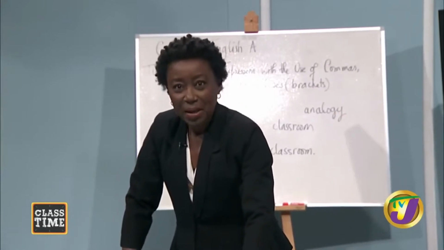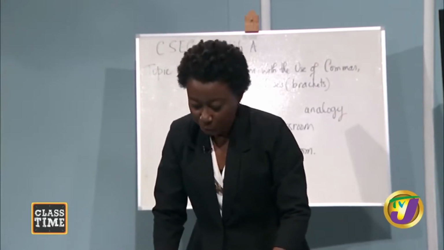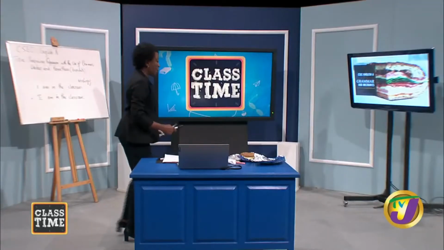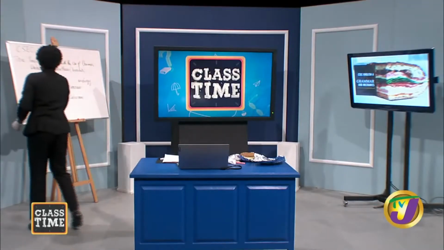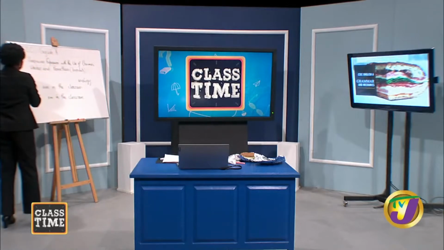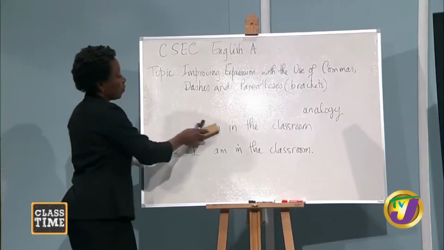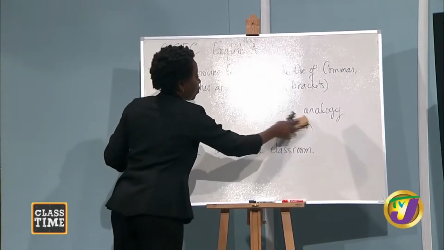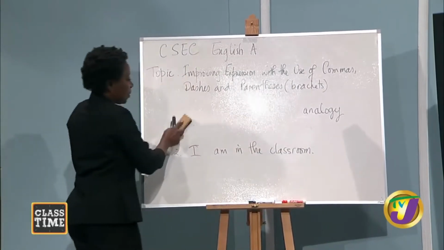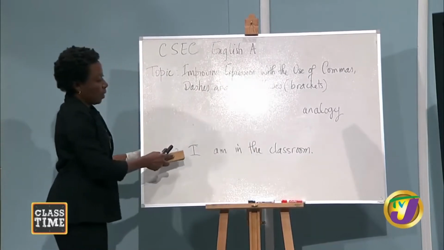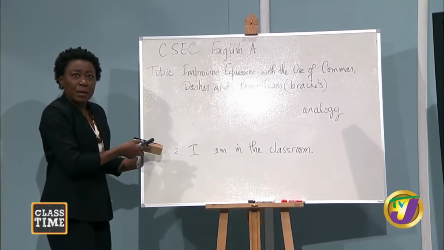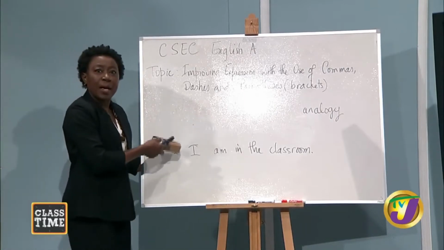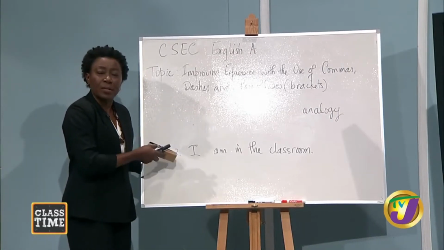Parenthesis. Let me do it on the board for you. So I'm going to erase this top one. Take this one off. And I am going to add something to this. The expression I am going to add is a parenthesis.